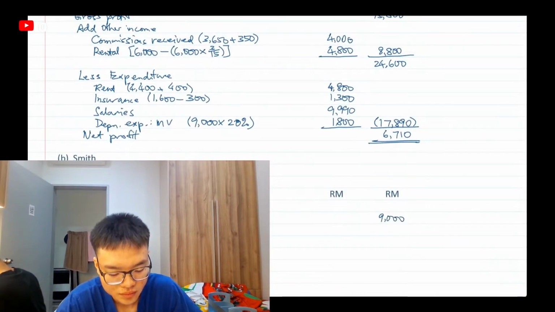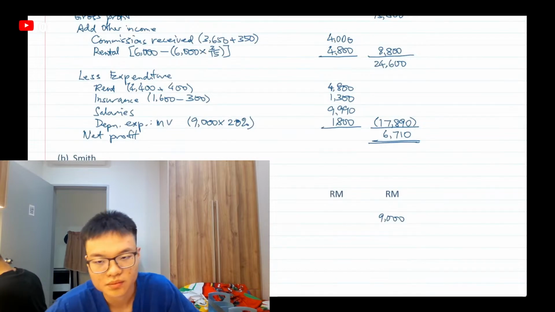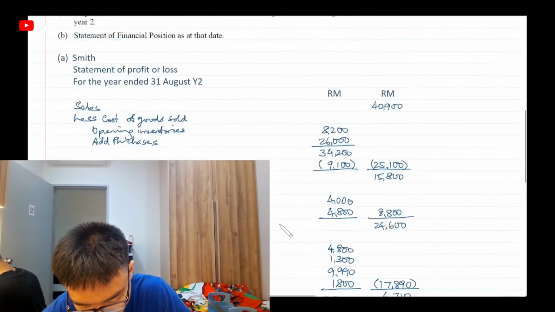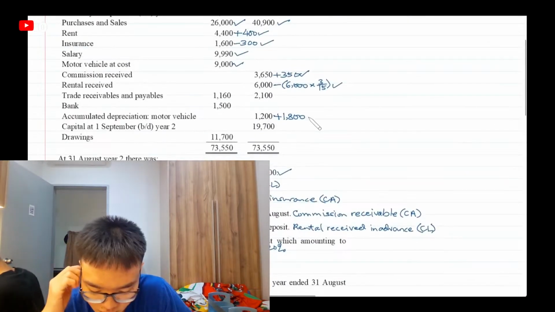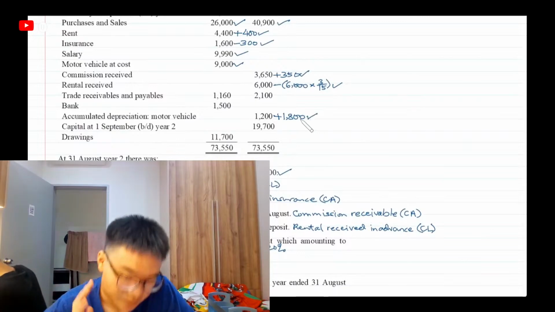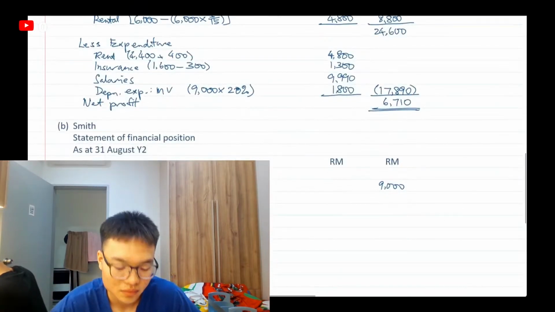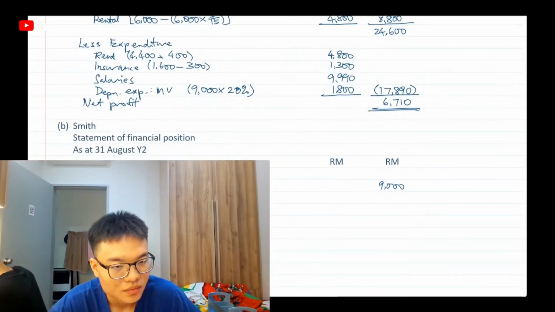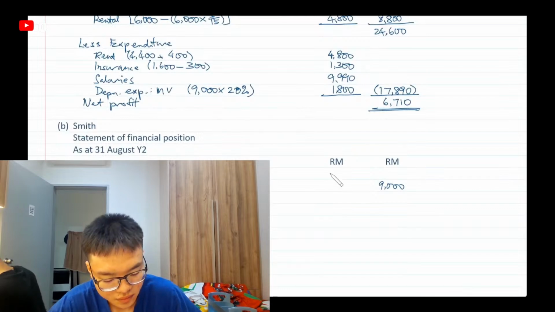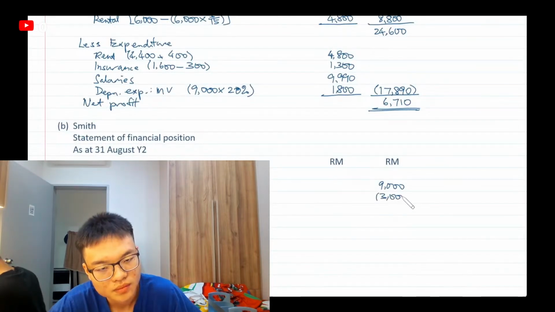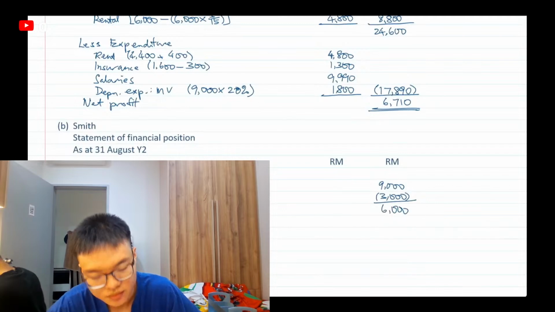Don't forget accumulated depreciation, less accumulated depreciation. Now the accumulated depreciation amount has been updated. So put a mark here. Opening balance 1,200 ringgit plus depreciation for this year, 3,000 ringgit altogether. Our net book value is 6,000 ringgit. This is the total non-current assets.